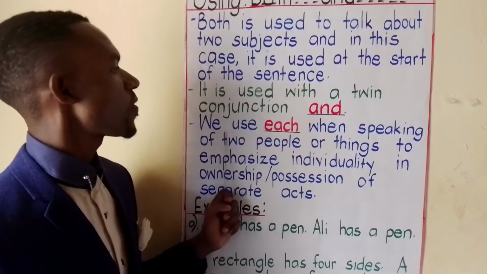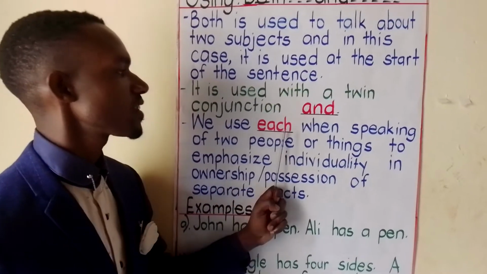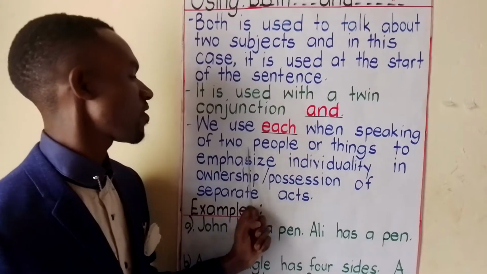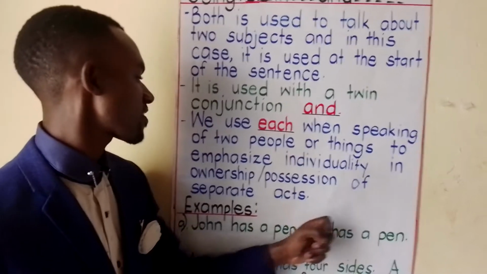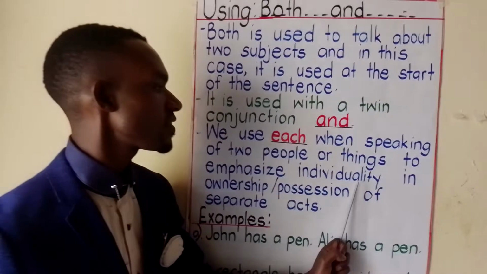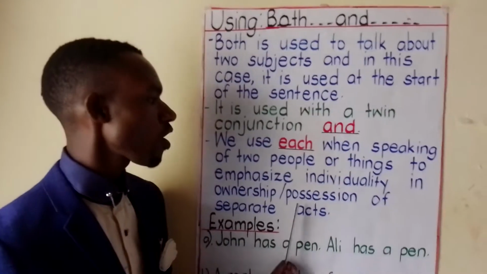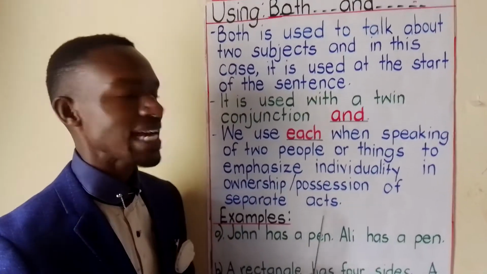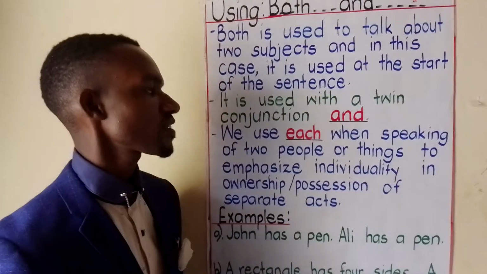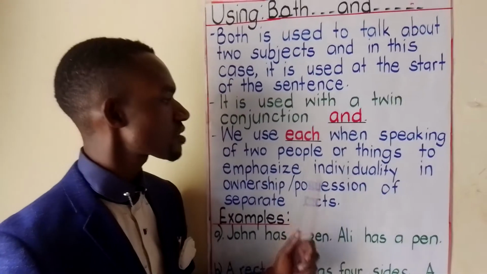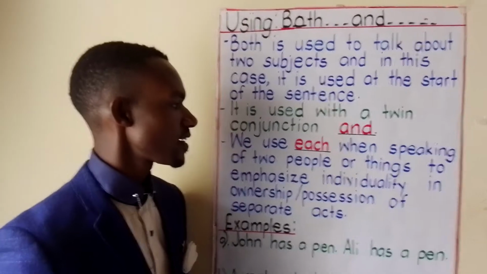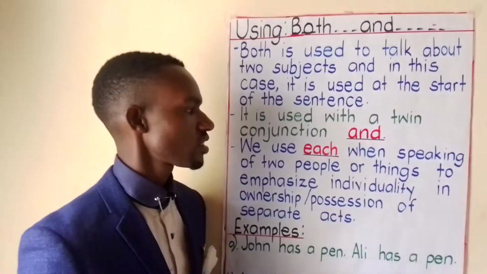Next, we use each when speaking of two people or things to emphasize individuality in ownership or possession of separate acts. I have emphasis here. We are talking about two people or things. We use each. Why do we use each?